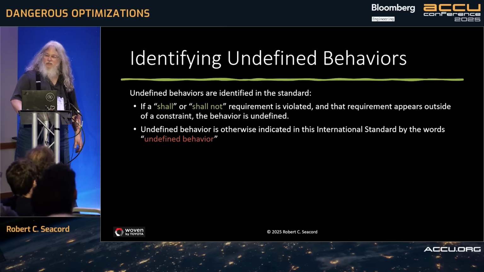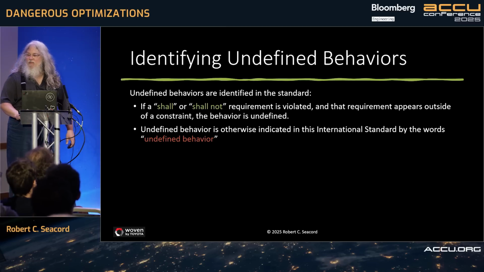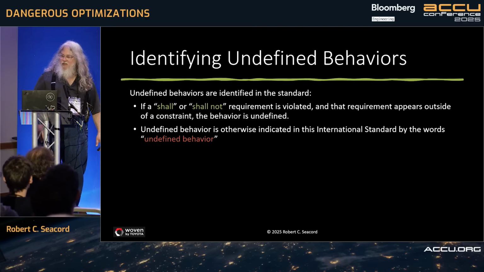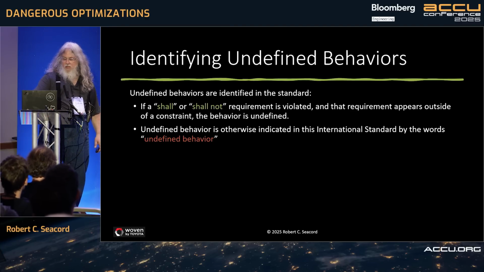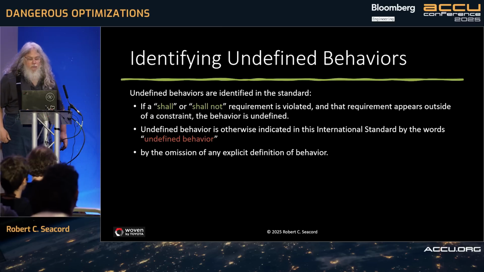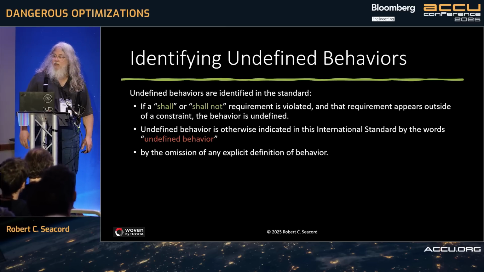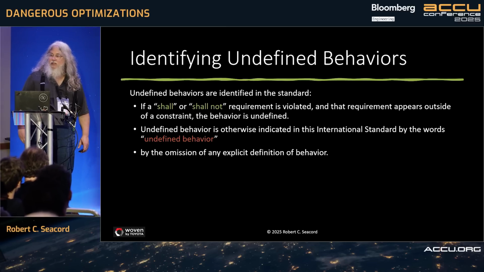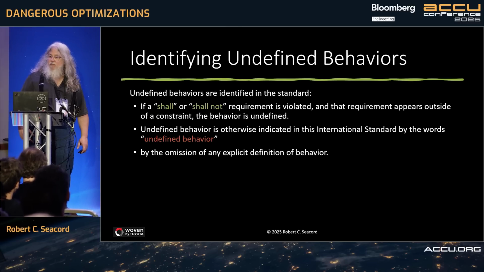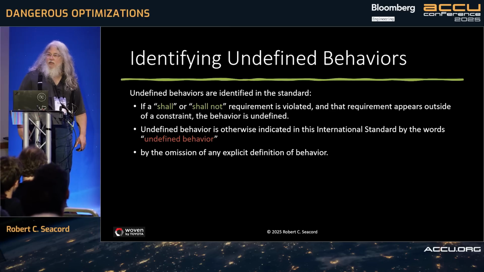And mostly that involves threading. When we added threading to the standard, we glossed over a lot of stuff because it's such a mess. And there's also undefined behavior by the omission of any explicit statement. When I started with the committee, we hadn't really talked about what happens if you take INT_MIN and take the remainder when divided by -1.